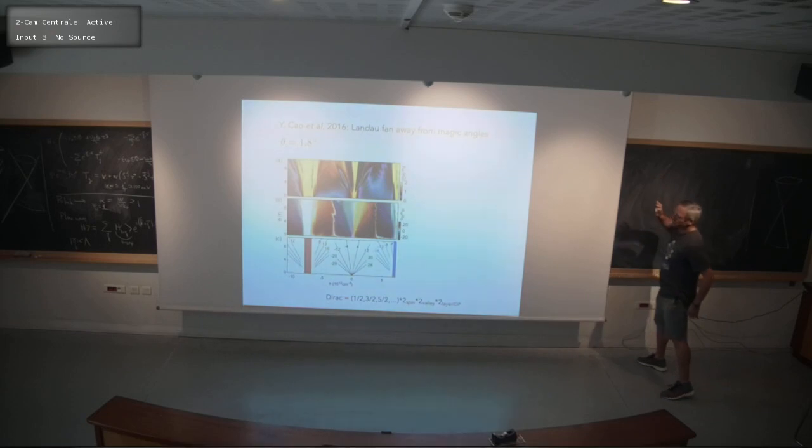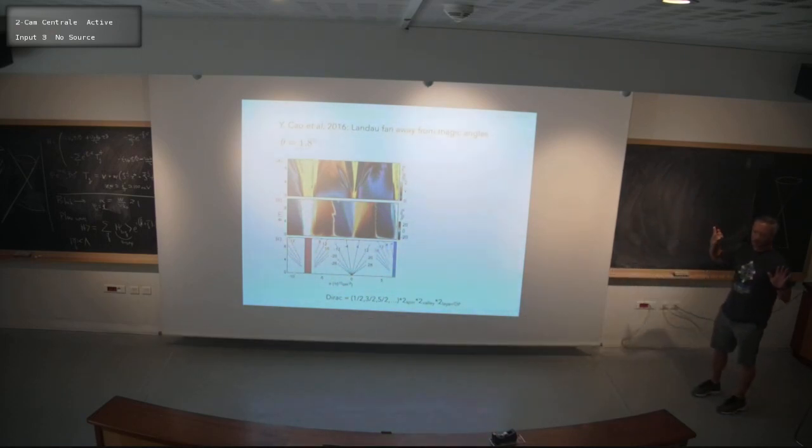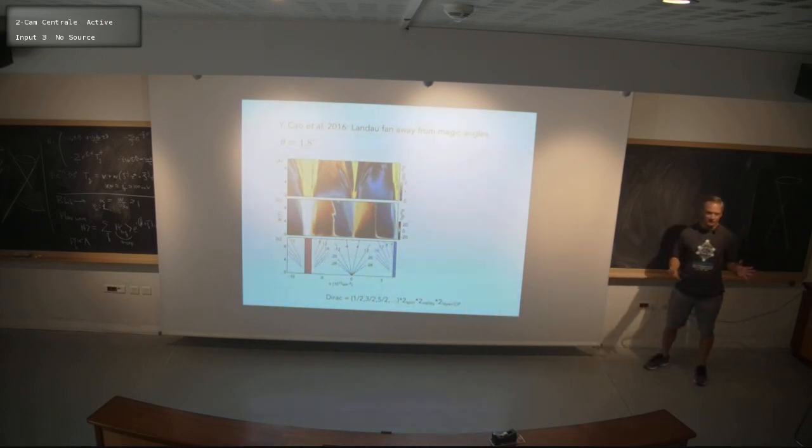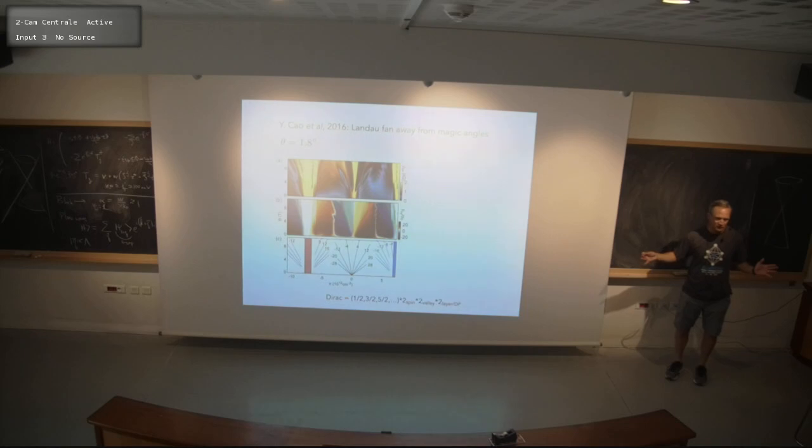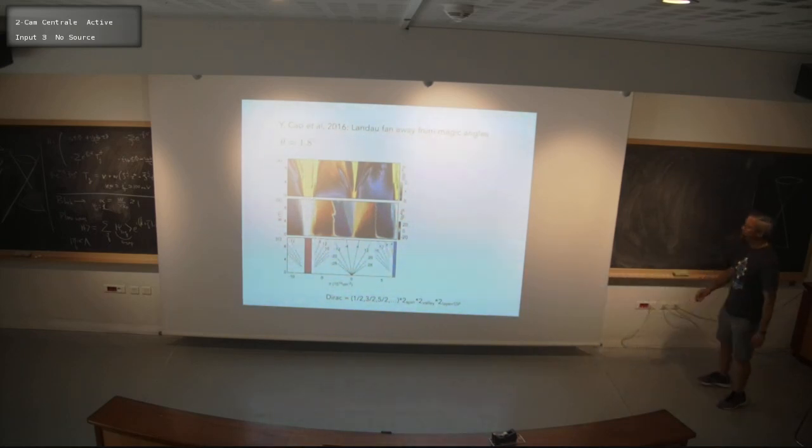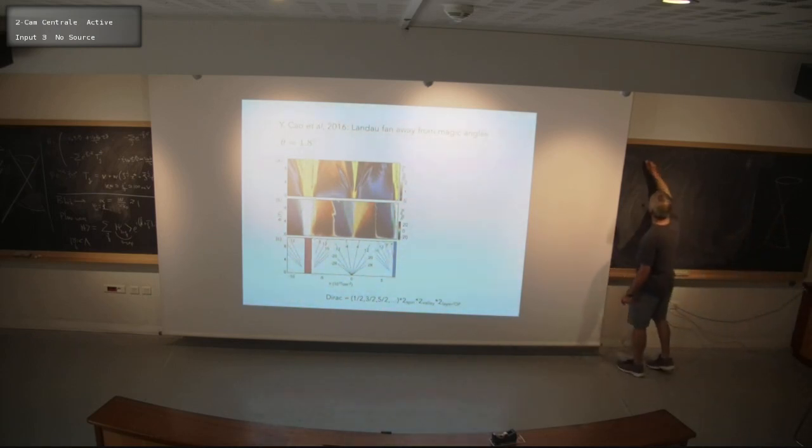What I want to do is just summarize. I'm not going to show you tons of band calculations. What I want to show you is what you should take from the band calculations, because most of today should be spent on the interesting stuff. What are actually the correlated interaction effects in twisted bilayer graphene?